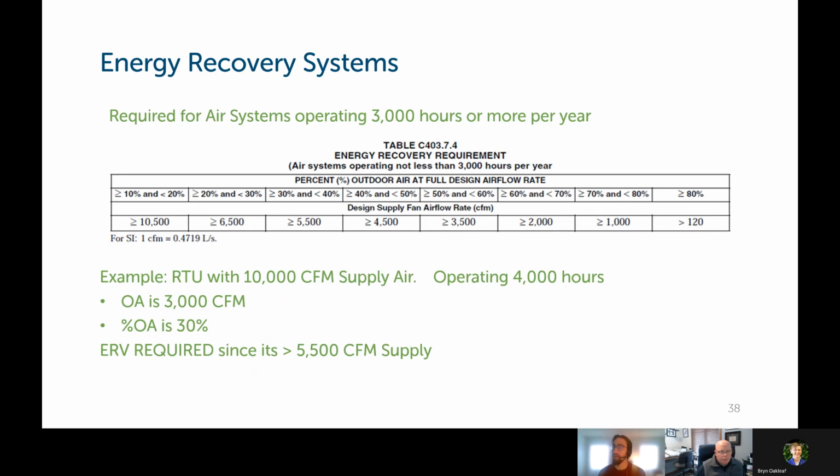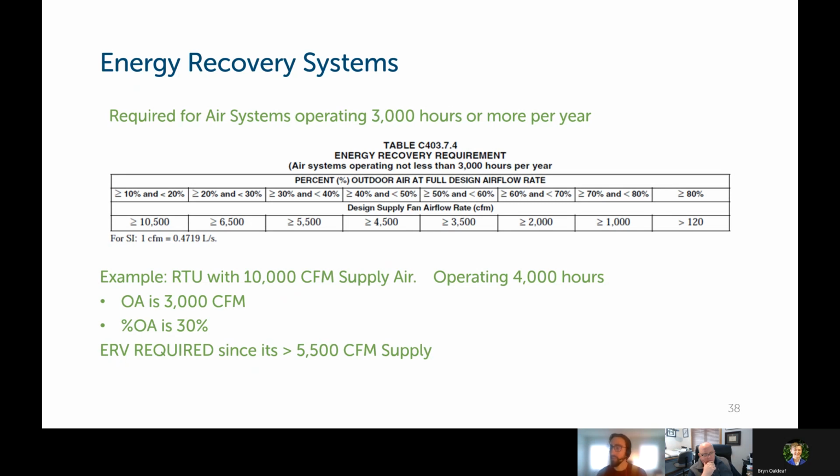The example I'll describe is a rooftop unit that has a 10,000 CFM design airflow rate, and it's operating 4,000 hours a year. If its outdoor airflow rate is, say, 3,000 CFM, that means it's operating at 30% outdoor air. So if you go to the table and look at the third column, you've got between 30 and 40% outdoor air at design.